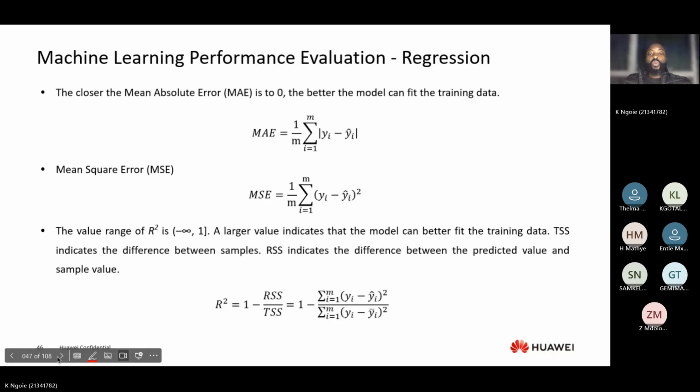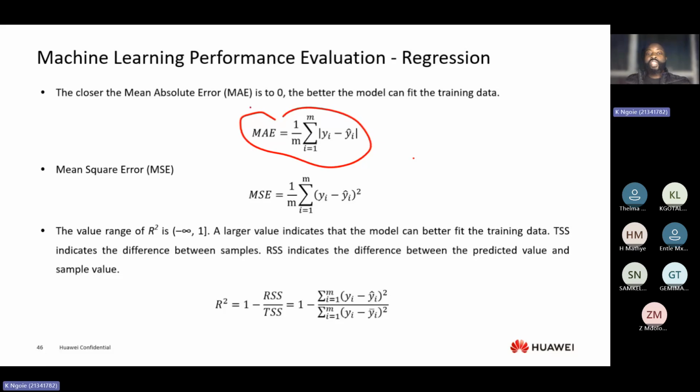This formula calculates the error, so we need to reduce this error to 0. That's the target, because the closer this mean absolute error is to 0, the better the model can fit the training data.